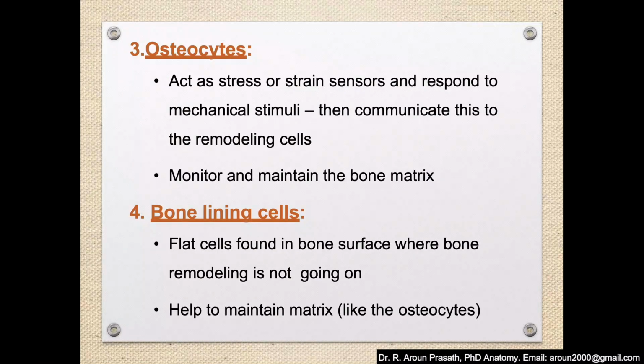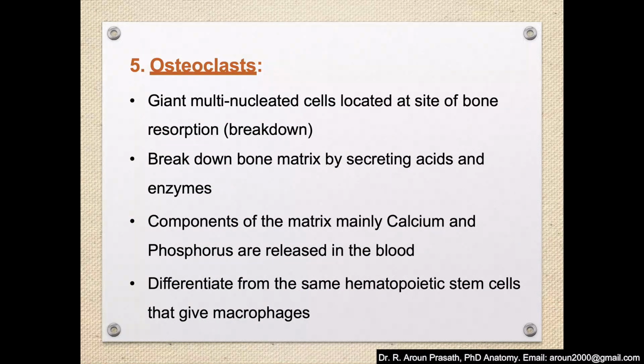So osteocytes are the actual bone cells, acting as stress and strain receptors and responding to mechanical stimuli. The bone lining cells are flat cells found on bone surfaces where bone remodeling is not going on, and they help to maintain the bone matrix. Then osteoclasts are giant multinucleated cells.